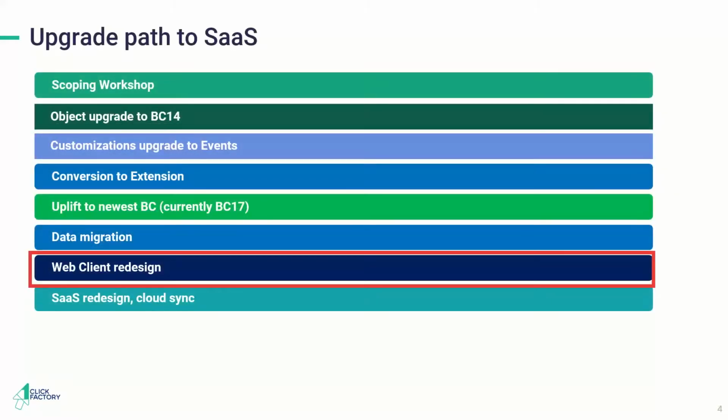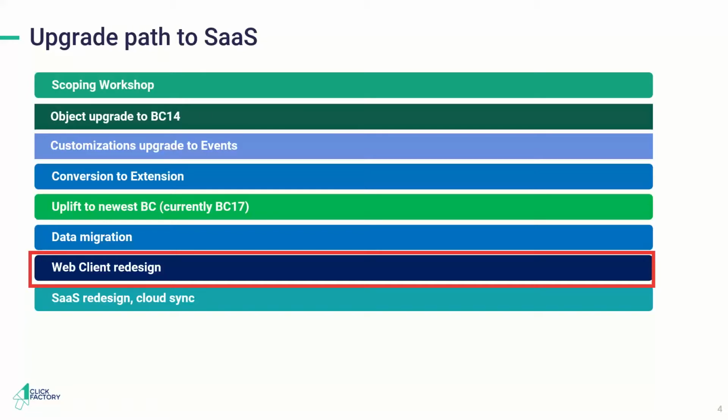About the web client redesign, it's almost the last step from the upgrade path to SaaS. Firstly, of course, there are discussions and workshops before starting the upgrade. Then in the standard methodology of upgrades, we are doing the upgrade to the last C/AL version, Business Central 14.